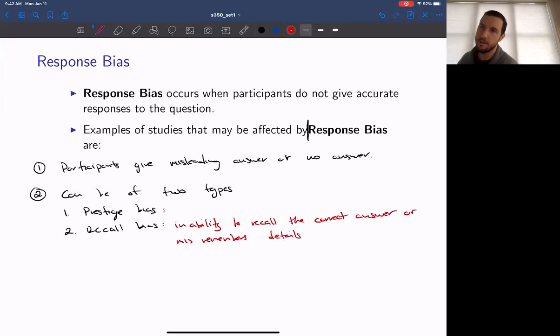And then prestige bias, which is one of the ones that I find kind of interesting, refers to the participant bragging or embellishing about their accomplishments when answering the question.